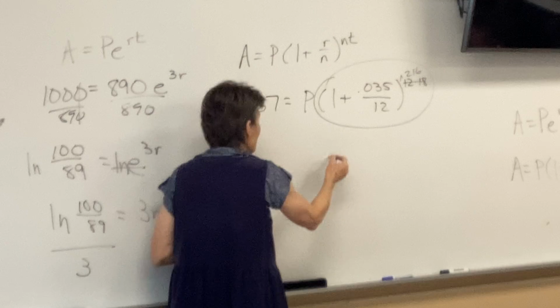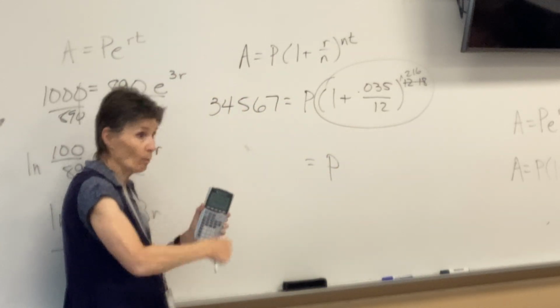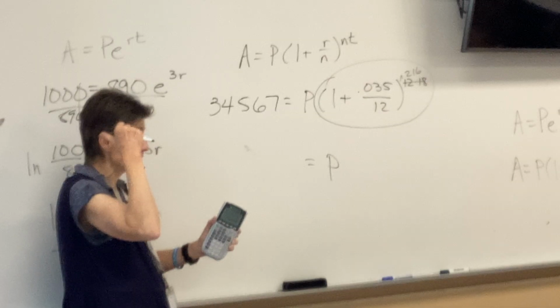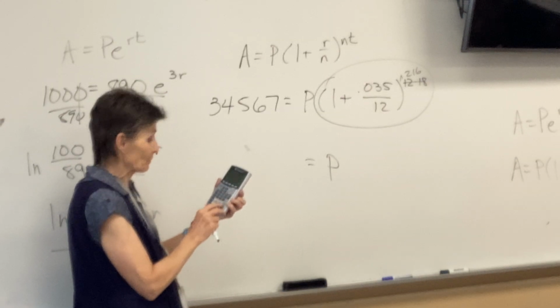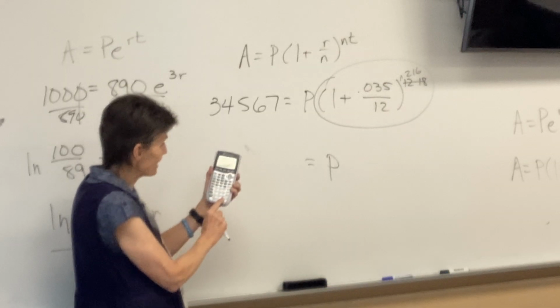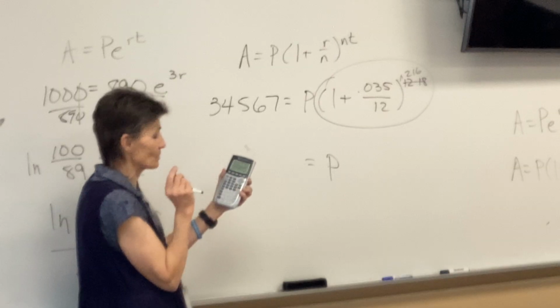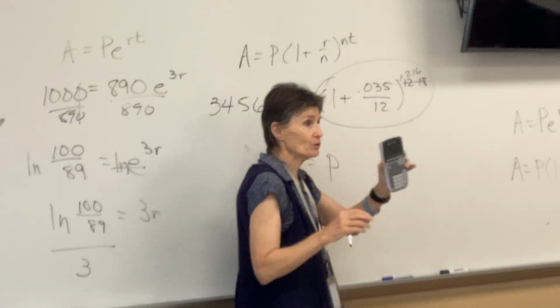I need to get P by itself, so what do I need to do? Divide that 1.8 number over, right? So I'm going to type 34,567 divided by second answer, equals. If you have an old calculator like mine, you have to do it that way.